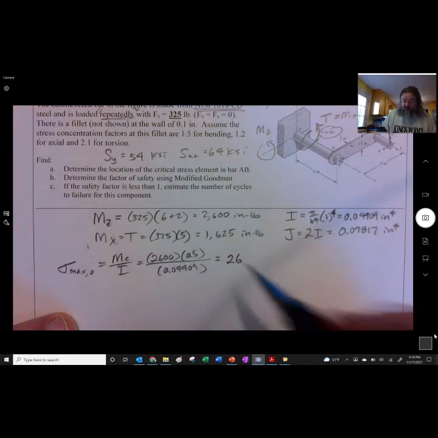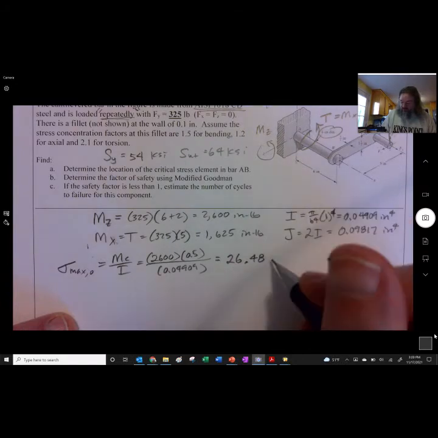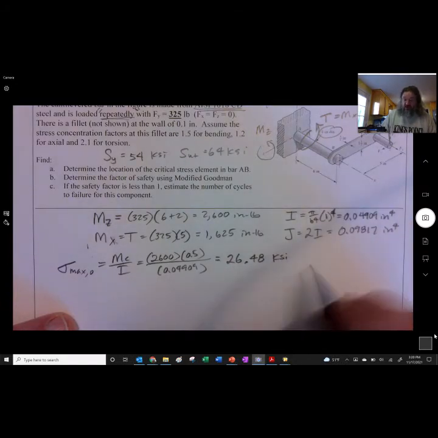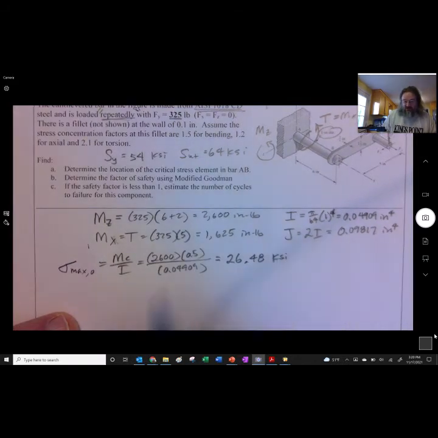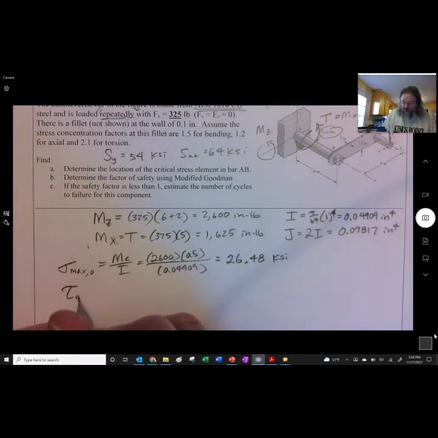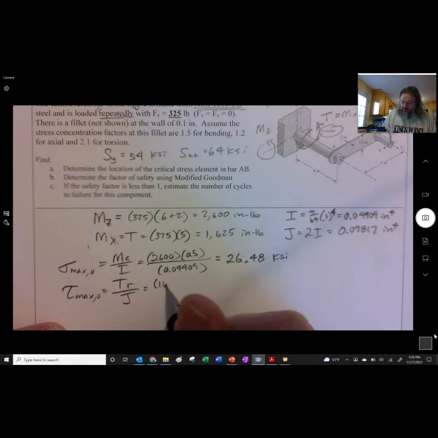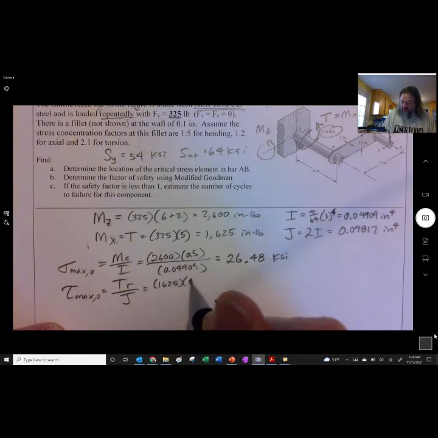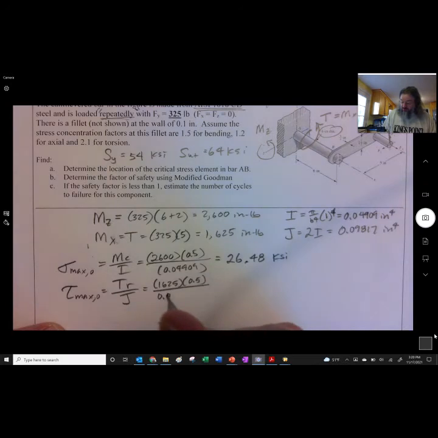I divide it by 1,000, just because it's close to being K. It's 26,000, so let's shorten it down, represented by that K. And now we get the torsion, TR over J, 1625 times 0.5, over J, 0.09817.